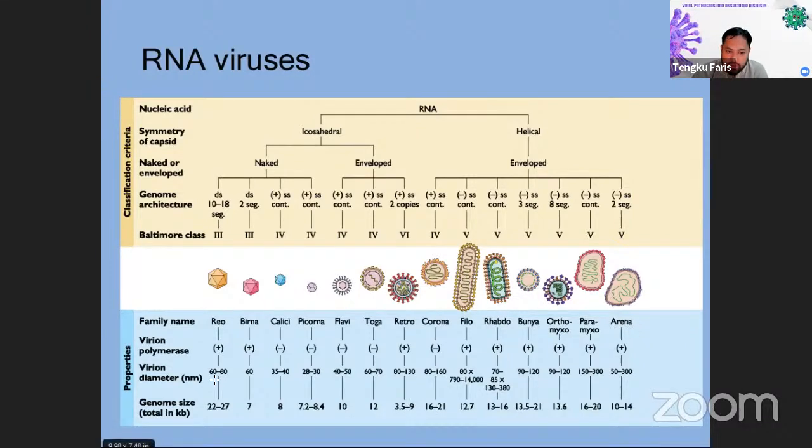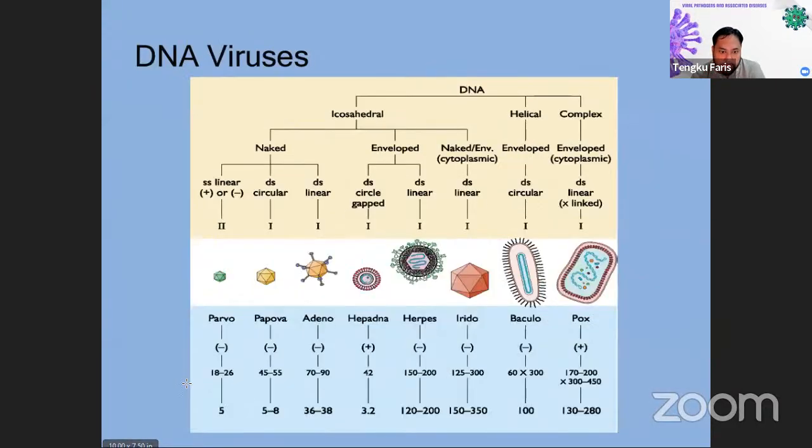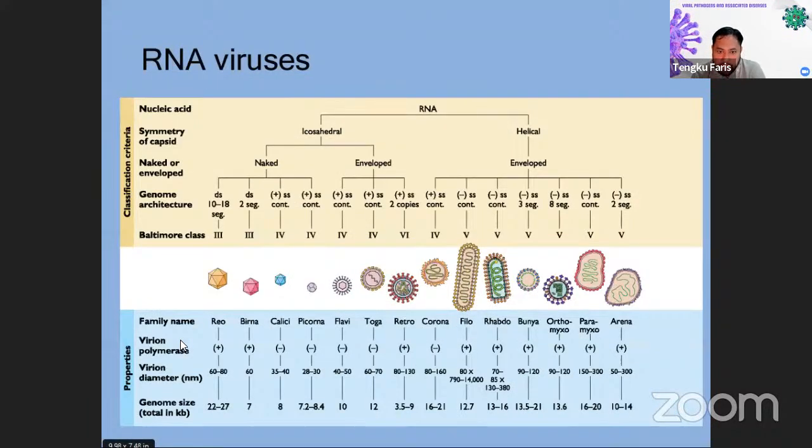As I mentioned, roughly they are between 20 nanometers to 1000 nanometers. So these are the RNA viruses. If someone asks you what type of virus coronavirus is, you can directly say it's a type of RNA virus. If I ask you to give me 3 examples of DNA viruses, what would be your answer? You can say adenovirus, parvovirus, papovavirus. Okay, so I hope you understand this.